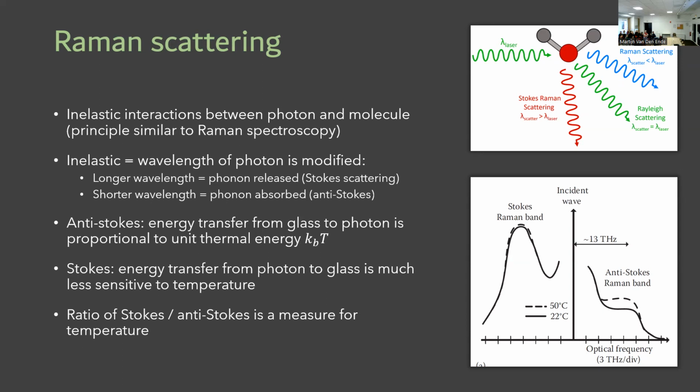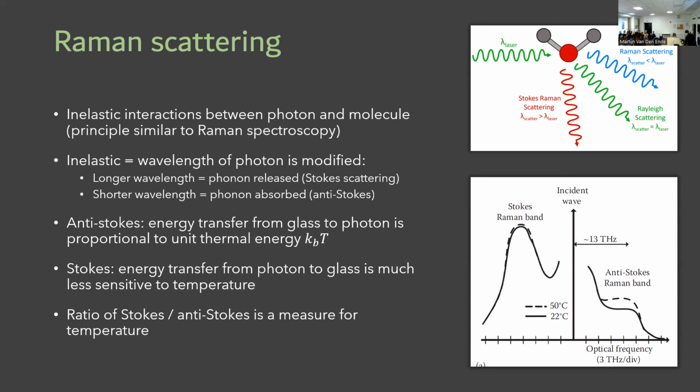And so if your temperature is changing, then the relative peaks of the Stokes and anti-Stokes components are changing. So if you just take the ratio of the peaks of your Stokes and anti-Stokes Raman peaks, then that will be a measure of the temperature of your molecule. And so in this way, we can measure the absolute temperature of the glass by just looking at the ratio of these spectra.